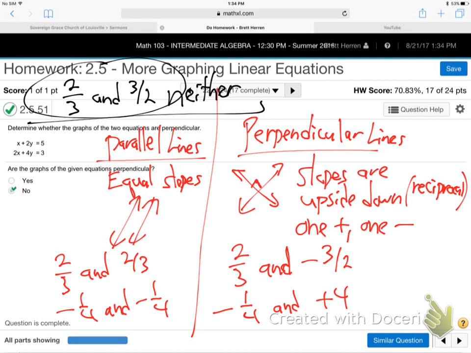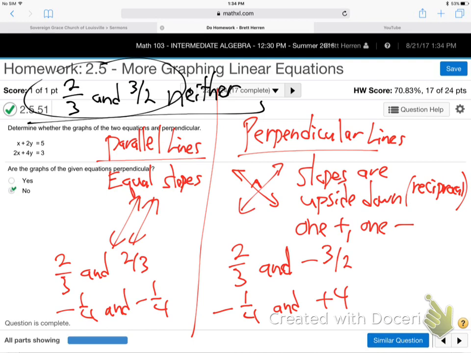Why? Because they're not completely the same, nor are they completely opposite, because they're both positive. If one was positive and one was negative, yeah, then they would be perpendicular. But if they're both positive, then they're not completely the opposite in every way. They're upside down opposite, but they're not sign opposite. So do you get the deal?